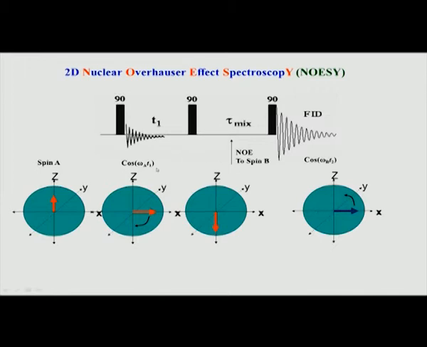So, what basically we have done is the FID now contains this term and this term together. So, if you recollect what we saw in the theory of 2D in the last few classes, when you multiply these two, that is the FID, and it has now two chemical shifts connected to each other, omega A in one dimension, that is T1, and omega B in the second dimension, which is T2. So, if I plot a 2D spectrum, I will get a cross peak between A and B.